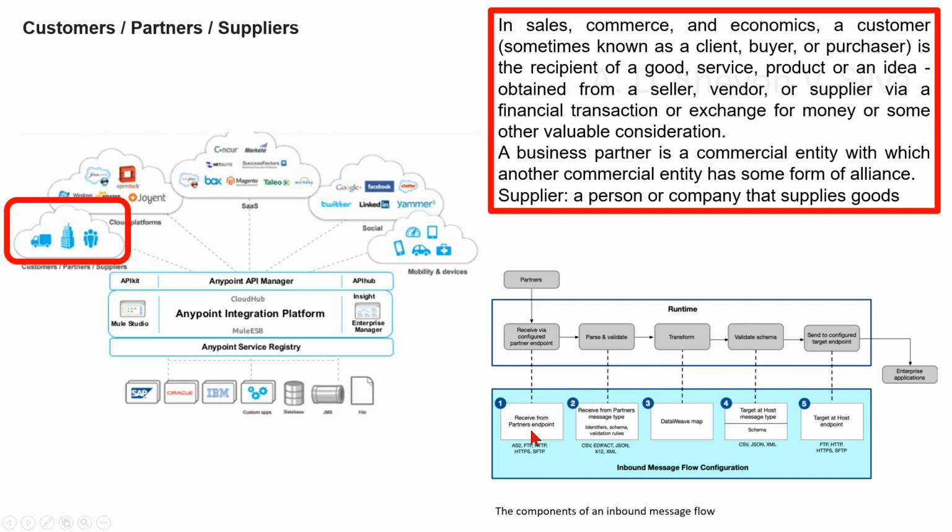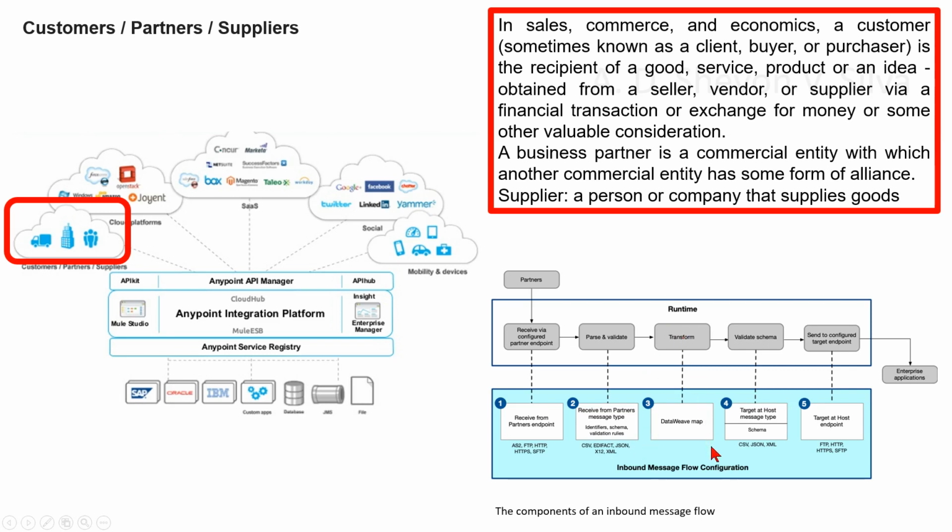The following diagram shows the components of an inbound message flow. Here, one, receiving endpoint at which the host receives the transmission from the partner: AS2, FTP, HTTP, HTTPS, SFTP. Two, message source: message type of the received message payload: CSV, EDIFACT, JSON, X12, XML.